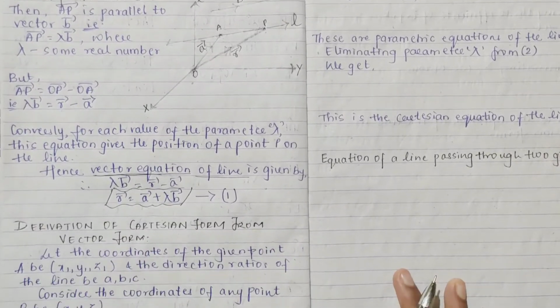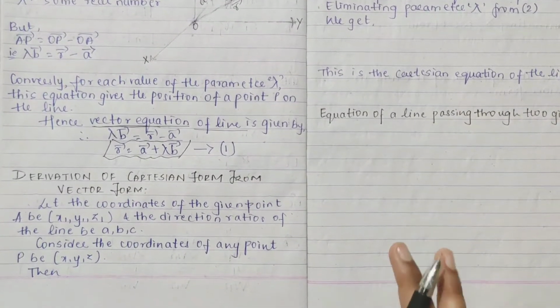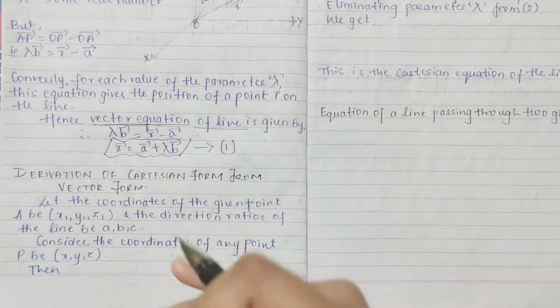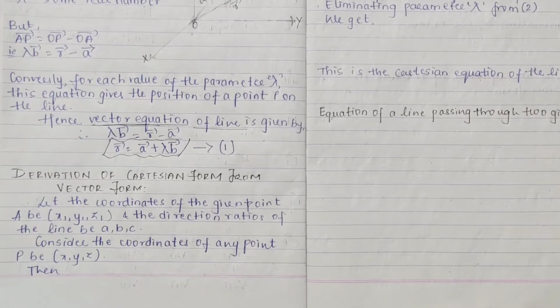Next is the derivation of the Cartesian form from your vector form. You have this vector form, and from this only we now have to derive the Cartesian form. So how do we do it?